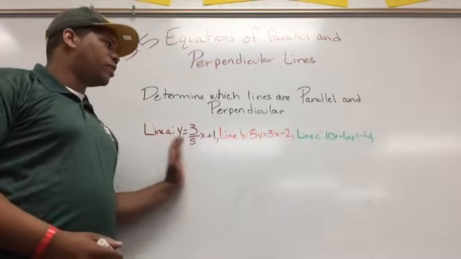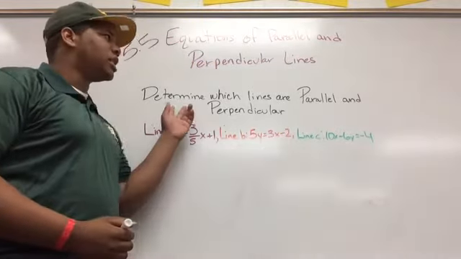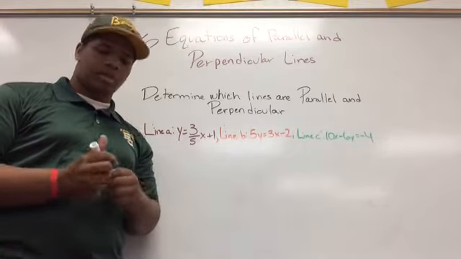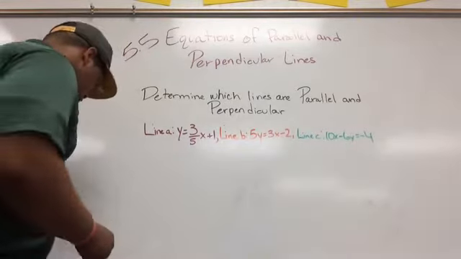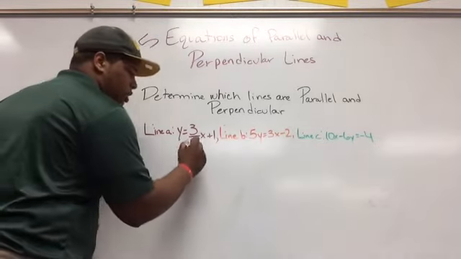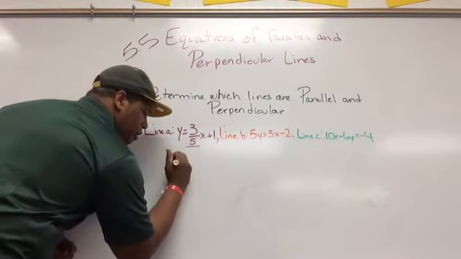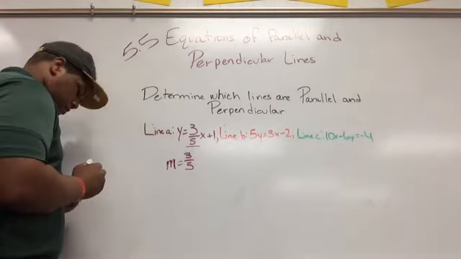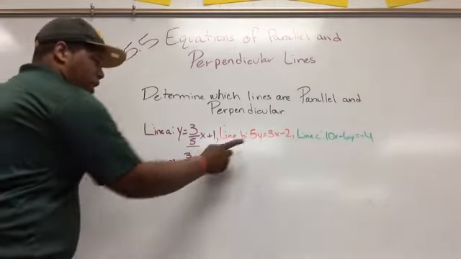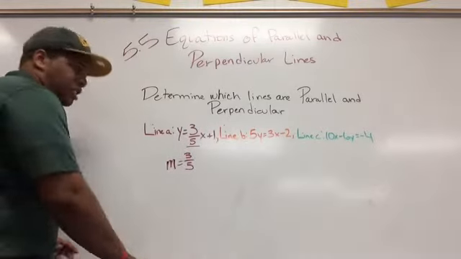Okay, in this example, we're given 3 different lines, and we're asked to determine which of the lines are parallel and which ones are perpendicular. So what we need to do is find the slope for each of our lines. In the first line, my slope is given to me here. So I know m is equal to 3/5. Now, in this line, I still need to find my slope.